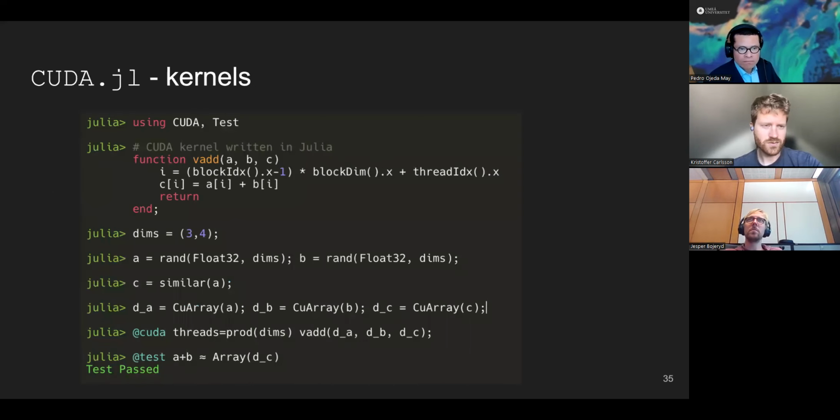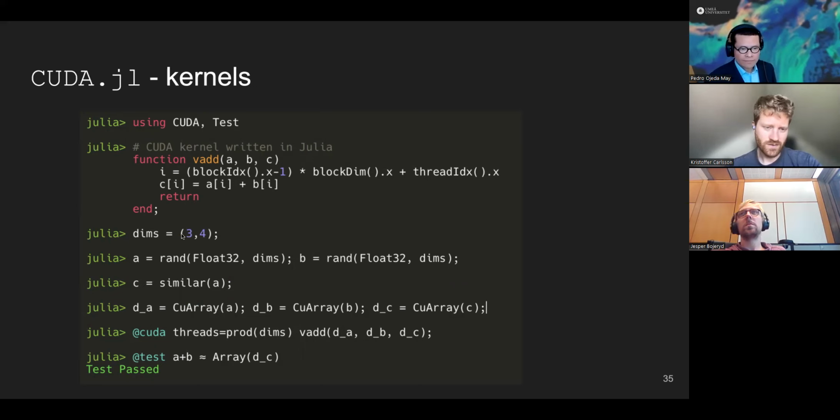So just to show you some CUDA.jl usage, you can just load the CUDA package. And if you want to do things a bit low level, you can write the CUDA kernel in Julia like this. This is the classical vector add between 3 vectors. Based on your block ID, block dimension, and thread ID, you calculate an index, and then you do the operations.